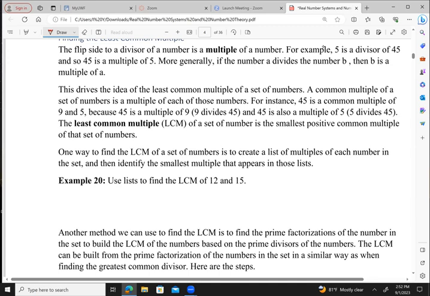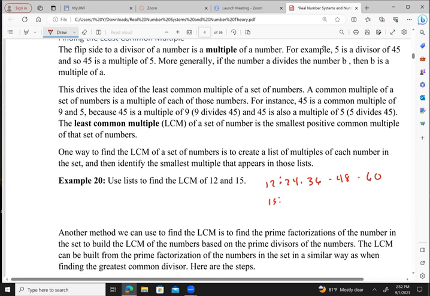One way to find the LCM of a set of numbers is to create a list of multiples of each number in the set and then identify the smallest multiple that appears in those lists. So we start with 12, 24, 36, 48, 60, right?